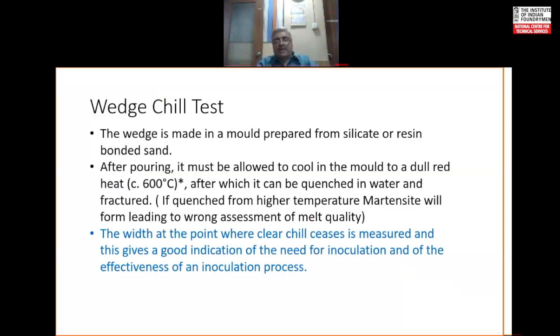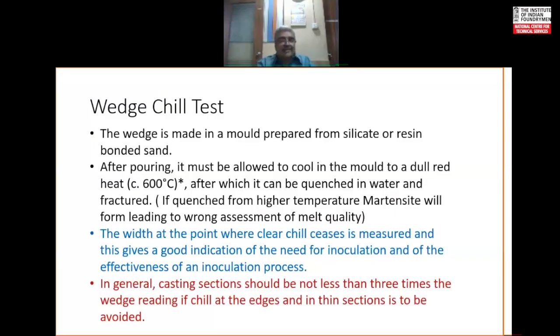The width at the point where clear chill ceases is measured, and this gives a good indication of the need for inoculation and the effectiveness of the inoculation process. In general, casting sections should not be less than 3 times the wedge reading if the chill at the edges and thin sections is to be avoided.